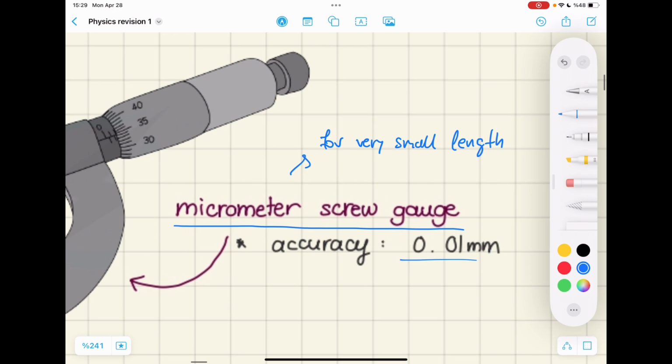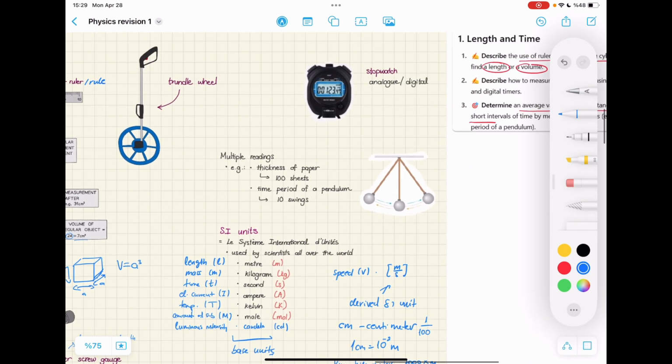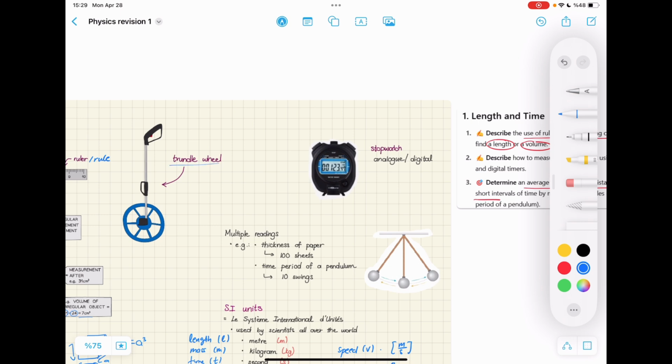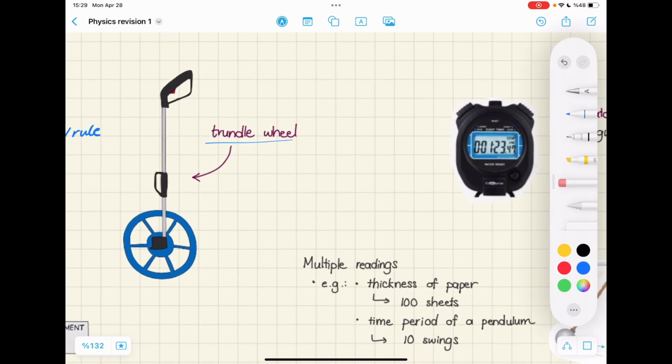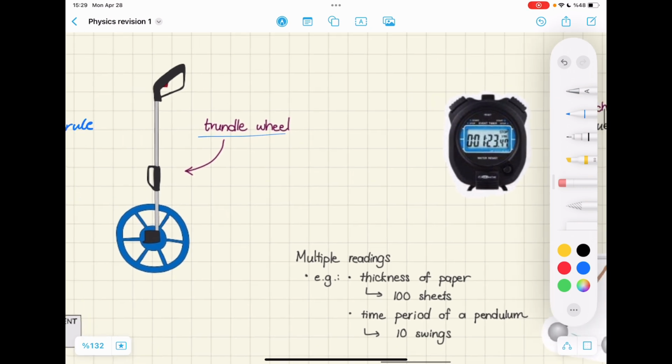So, for example, for paper, if we want to measure the thickness of paper. Now, here also we have a trundle wheel. This is something that helps us measure length which is not straight, for example, irregular length, different types of distances. We do not mention this much.